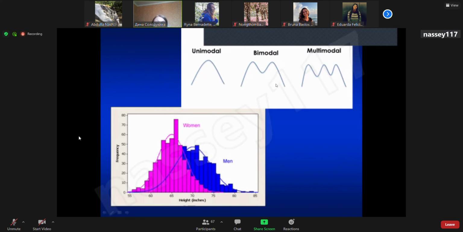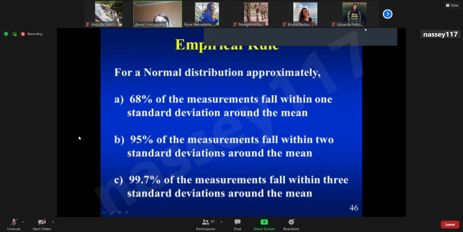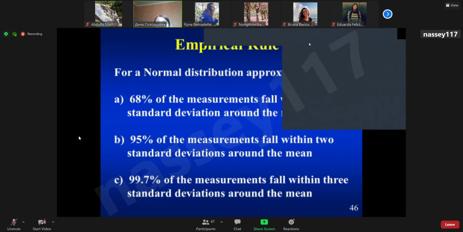So there is a very important empirical rule which says that 68% of measurements fall within one standard deviation around the mean, 95% of measurements fall within two standard deviations around the mean, and 99.7% of measurements fall within three standard deviations around the mean.